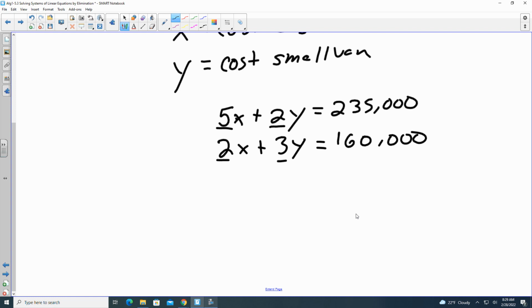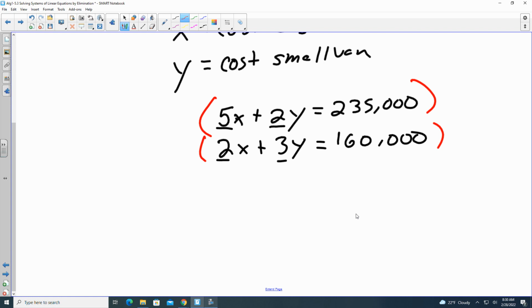And since everything's positive, one's going to be a negative number that gets multiplied, and one's going to be a positive number. Looking at both of these equations, I simply have to choose which variable I want to eliminate. It really does not matter which one you choose. Let's eliminate x from here.